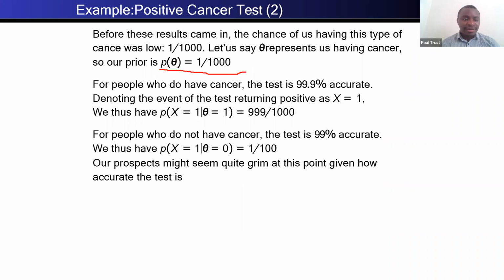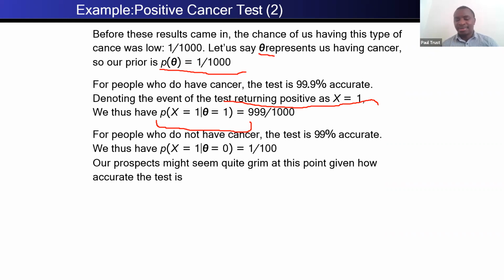If we denote the event of the test returning positive as 1, you can look at this as a probability, remembering theta is the parameter denoting us having cancer.